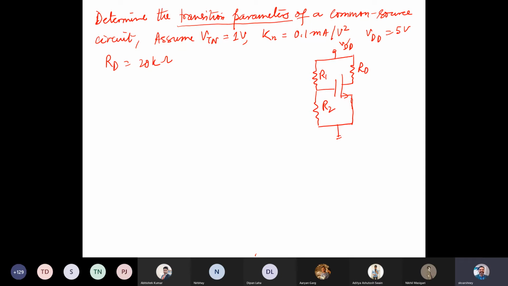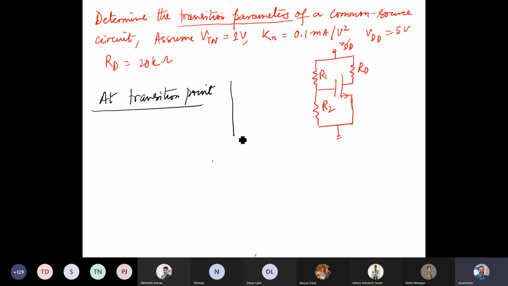That means one has to find for which values of the voltages this transistor would be in the saturation region, or in the non-saturation region. So what does it mean? How are we going to find it out at the transition point?